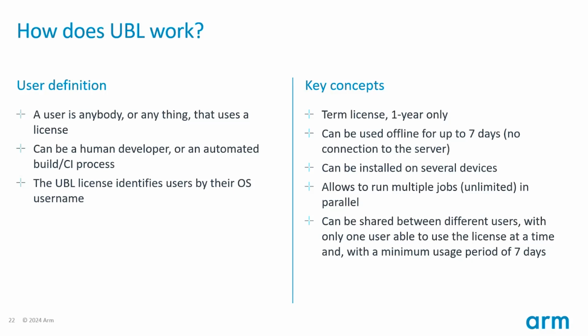It allows multiple jobs, and this speeds up, for example, compilation very much, because the licensing is not checked for every single translation entity, but it's only checked at the beginning. So compiling is also much faster. It can be shared between different users, but you have to be aware of the minimum usage period of 7 days.